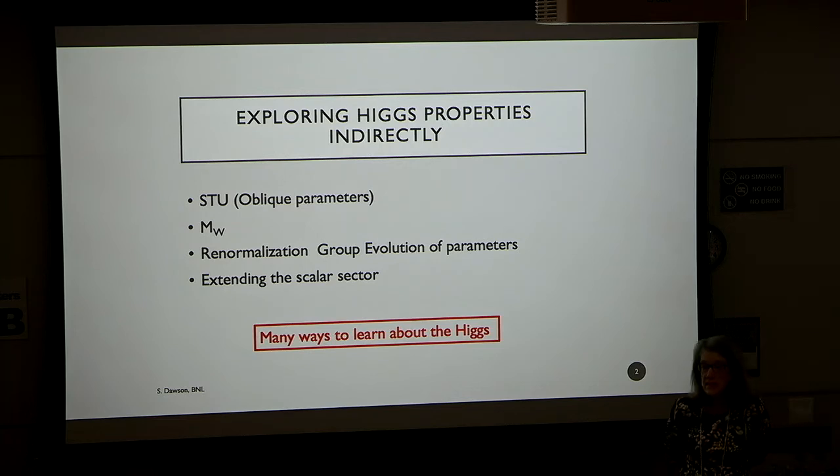And I'll do a simple calculation of the renormalization group evolution. And then if I have time, I'll talk about extending the scalar sector. I have a lot of slides about the singlet model and the 2HDM, which I'll leave in the lecture notes even if I don't get to it. So my point today is that there are a lot of ways of learning about the Higgs boson.